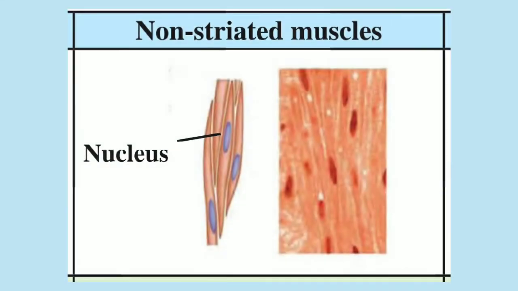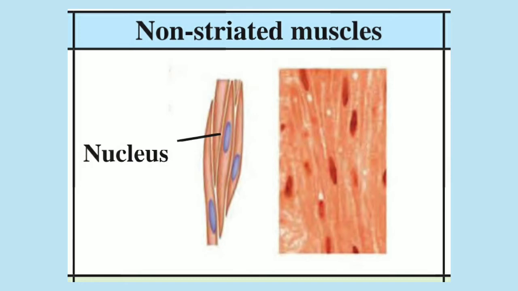Next we have non-striated muscles. These are the muscle cells which are short, spindle-shaped, uninucleate, and have no branches. Dark and light bands are absent here. They are not attached to the bones. Their movements are not under the control of our will.